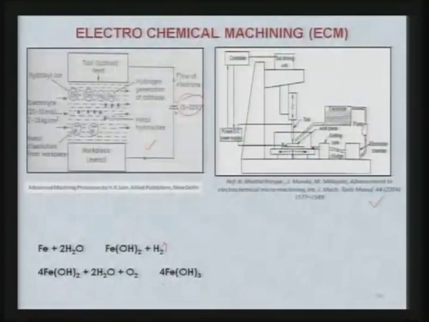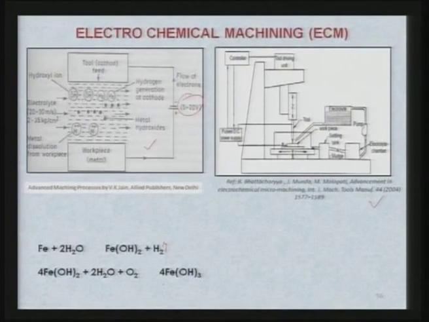Here ferrous or ferric is decided by the valency at which the anode material is dissolving, because iron can dissolve at more than one valency, either 2 or 3. That is why you are getting ferrous hydroxide or ferric hydroxide, which we have already discussed in case of macro machining. So, you have to scale down the machining parameters, and reduce the size of the tool depending upon what you want in the workpiece.